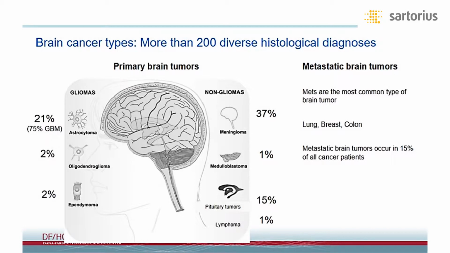Within the brain, there are more than 200 different recognized types of tumors and diagnoses present. And this includes gliomas, such as astrocytomas. The majority of primary brain tumors are glioblastoma, up to 75% of them that occur in the brain.